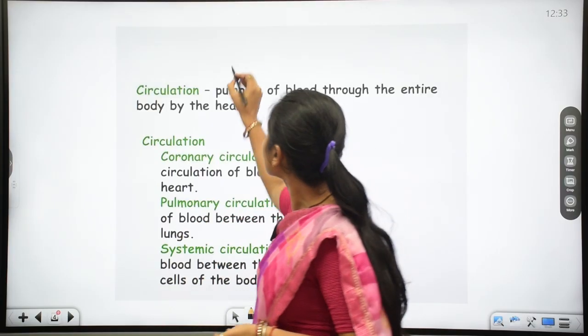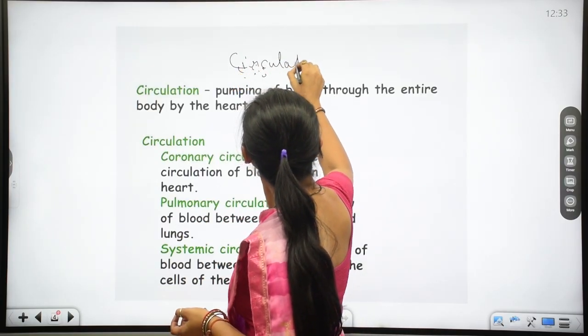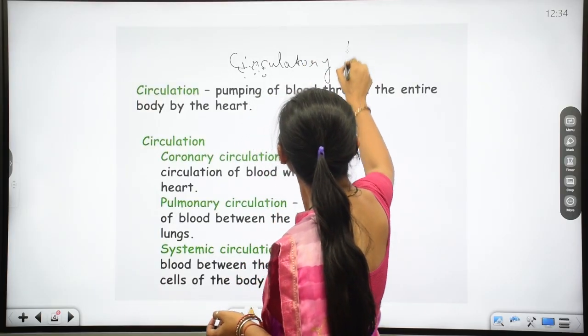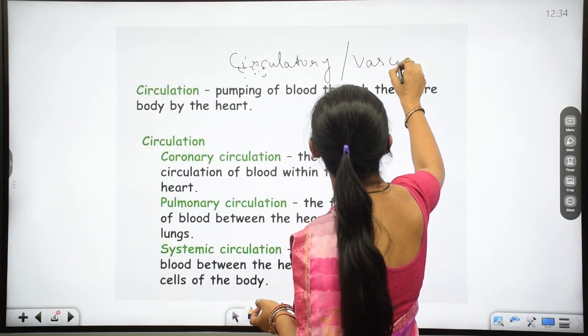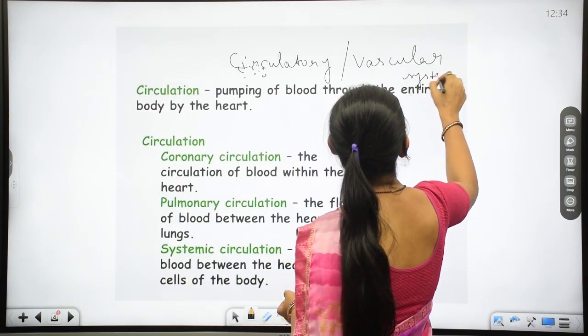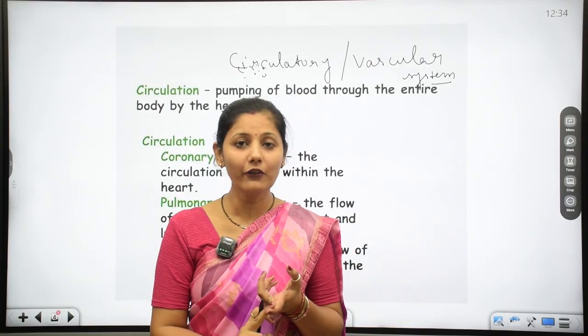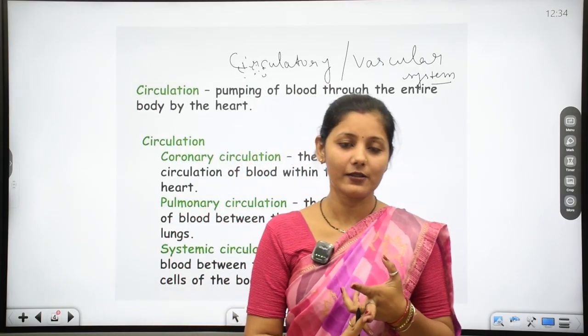We say circulatory system, and we can also say vascular system. So we have two names for circulatory system. The first one is circulatory and the second one is vascular system.